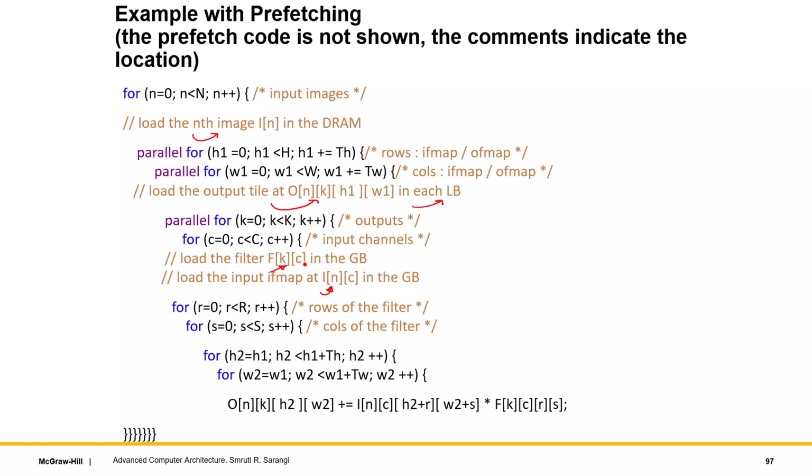So once the filters and the IF maps are loaded, all that we do is stream the data as we have seen earlier in our hardware architecture section. We stream the filter weights, we stream the inputs, they collide at exactly the right points, and then the output OF map tile values are computed.